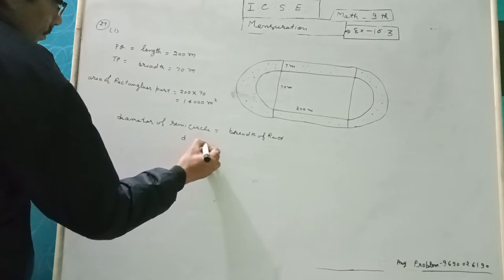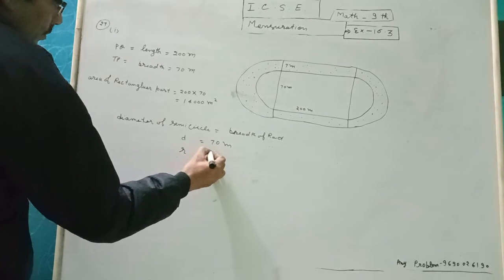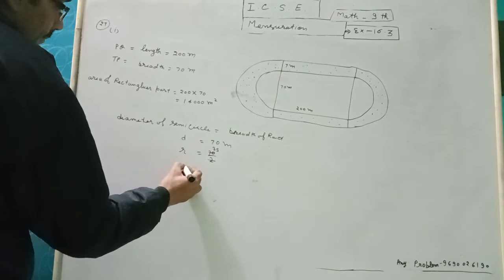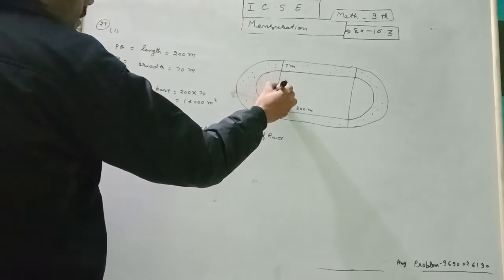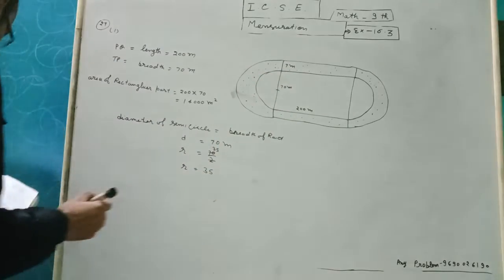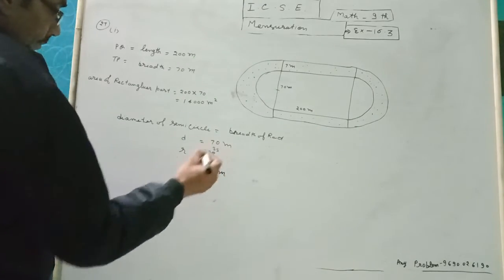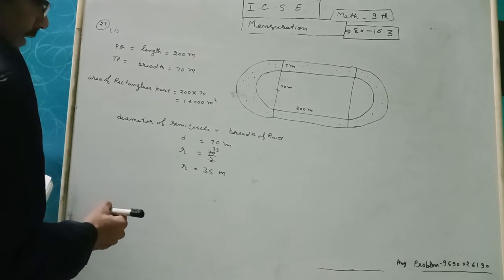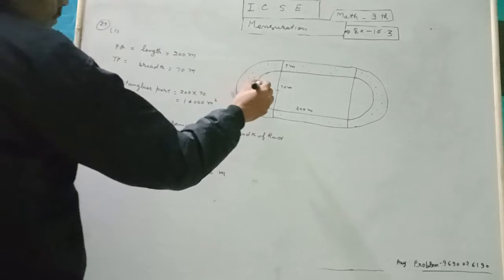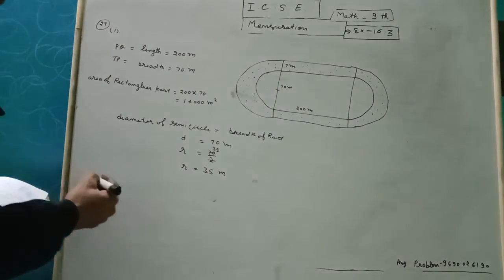Diameter is equal to 70 meter, then r is equal to 70 upon 2, which is 35. r is the radius, the center is here. Radius is our 35 meter. This part and this part make a complete circle.